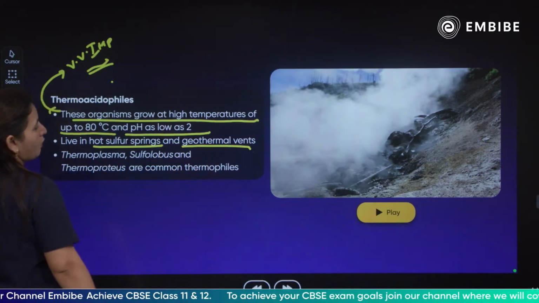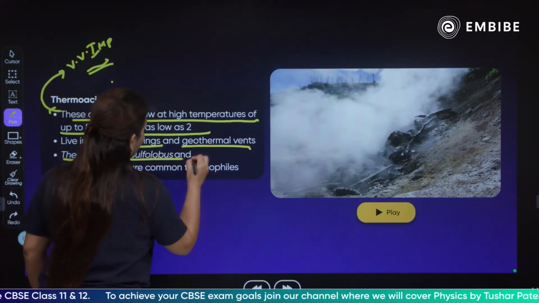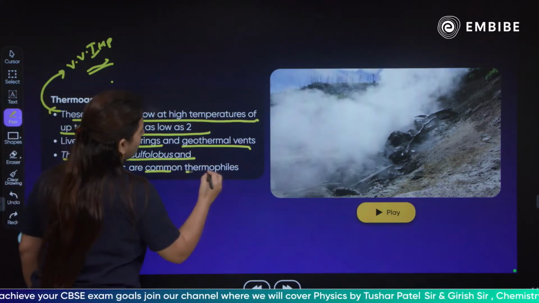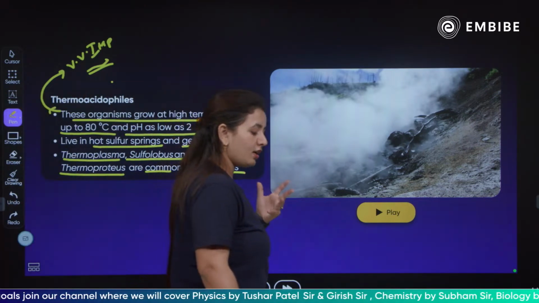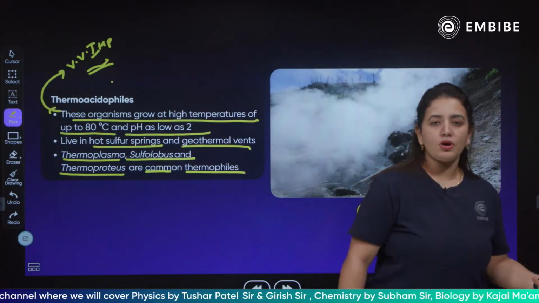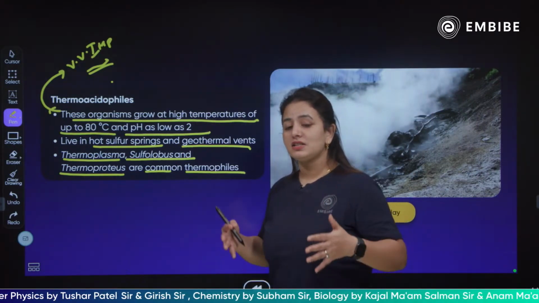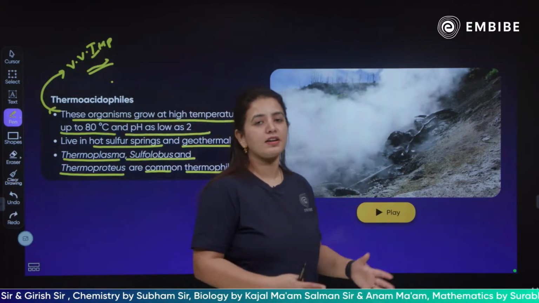And examples of Thermoacidophiles are Thermoplasma, Sulfolobus and Thermoproteus. So children, these are a few features of the Thermoacidophiles which are very important for you to remember, that these types of Archaebacteria show such different kinds of characteristics.